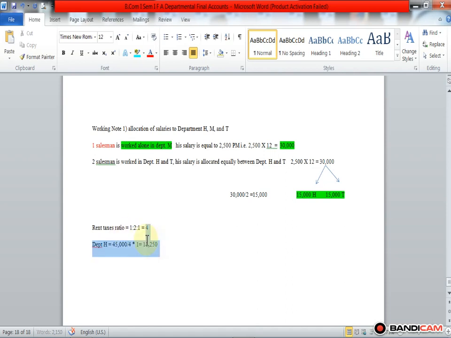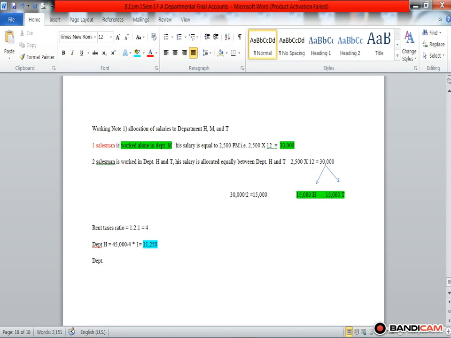Rent and taxes of department H is rupees 11,250. Again we revise it. How do we find the amount of department H? Department H is equal to 45,000 divided by the total ratio multiplied by 1. One part of rent and taxes is related to department H. So the amount is 11,250.